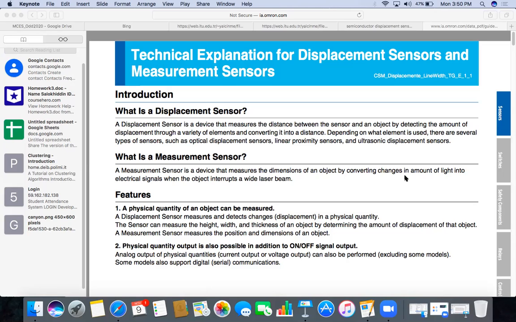Physical quantity output is also possible in addition to on-off signal output. An analog output of physical quantities, current output or voltage output can also be performed excluding some models. Some models also support digital serial communication.